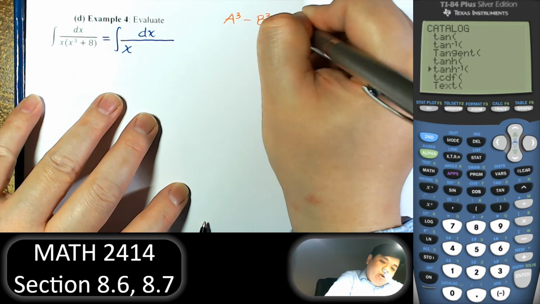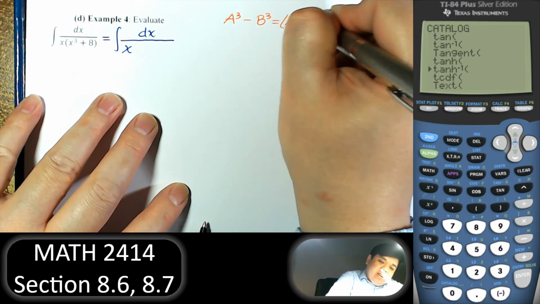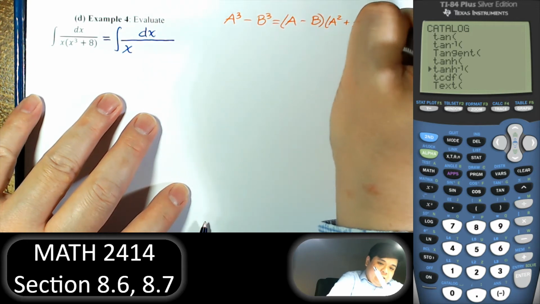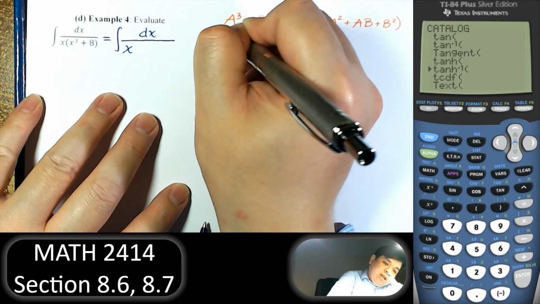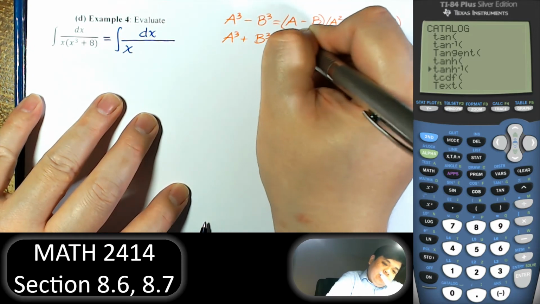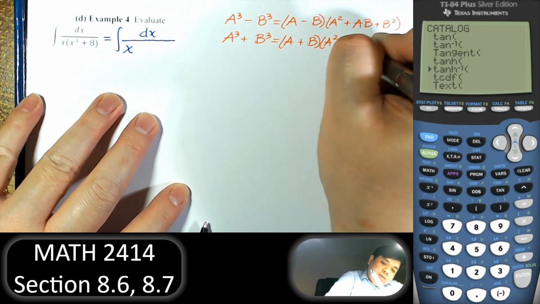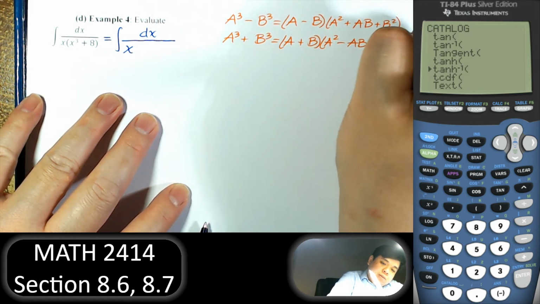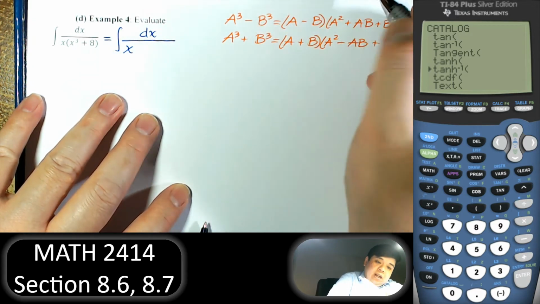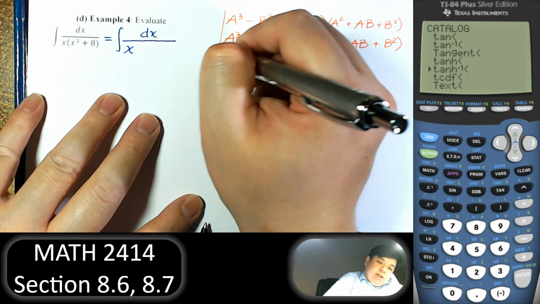Just going to write that formula again. If it's minus, it's going to be this. If it is plus, the first sign will be the same, the second is opposite, the last one is always positive.